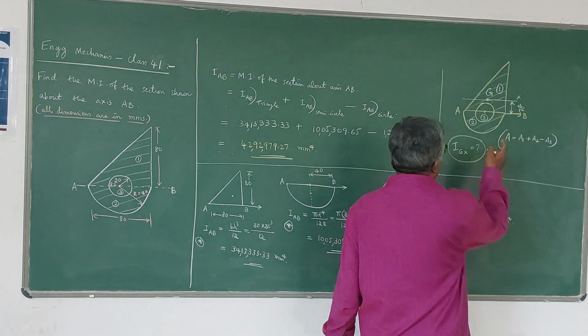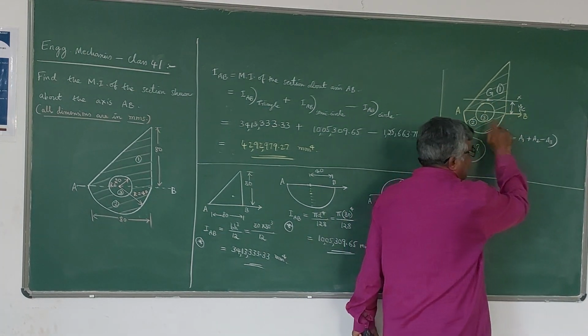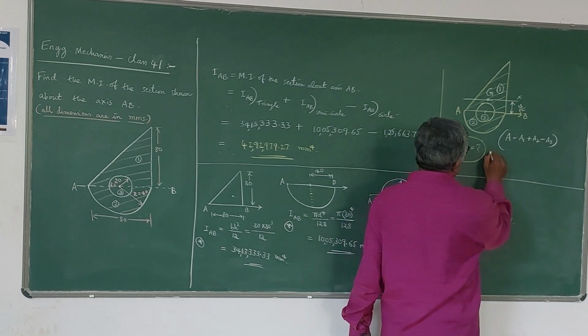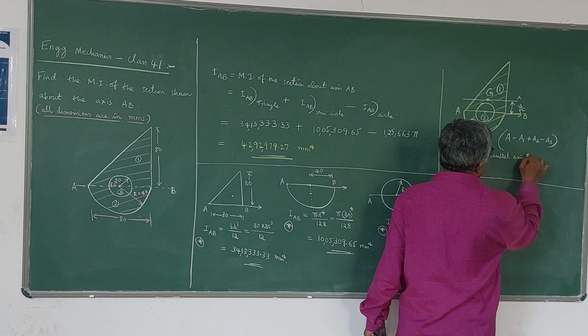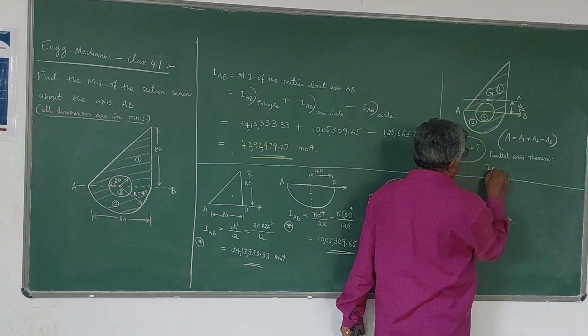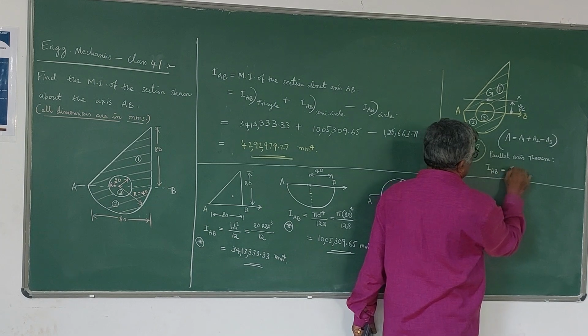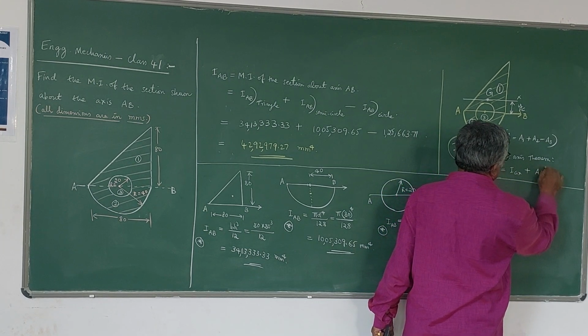Once you get A and YC, where YC is the distance of the centroid from the AB axis, please note that, you can use the parallel axis theorem to find IGX. Here it is a reverse process, of course. According to the parallel axis theorem, IAB is equal to IGX plus A into YC square.